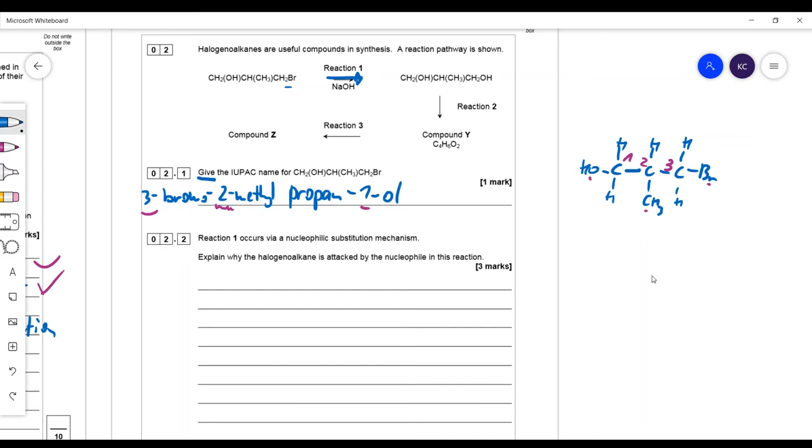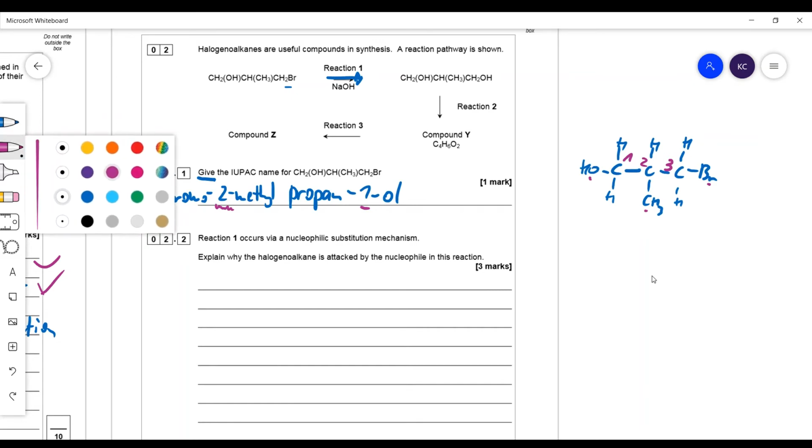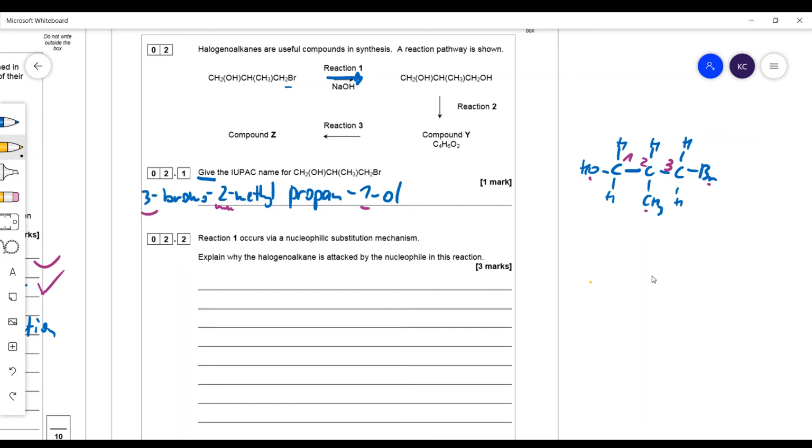Well, we already drew the molecule here, so I'm going to use that. You know that bromine is much more electronegative than carbon, and the difference in the electronegativities between these 2 elements will cause bromine to pull the electrons from the bond towards itself, making it partially negative, while the carbon is left partially positive.